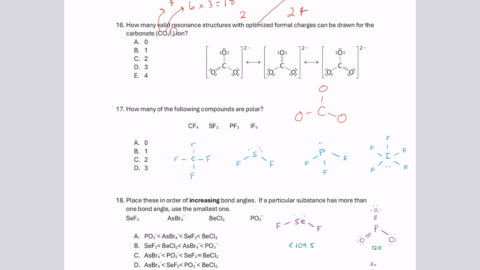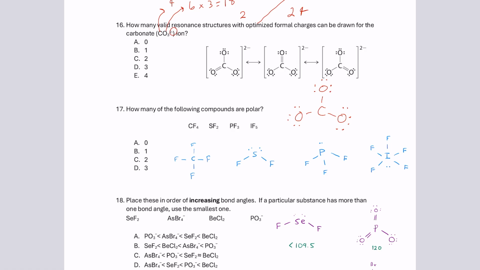From there, we want to distribute the remaining electrons on the terminal atoms to ensure that they have a satisfied octet. So we're going to give each oxygen atom 3 lone pairs to make sure they satisfy their octet. Now, when we do that, we've accounted for all 24 valence electrons.